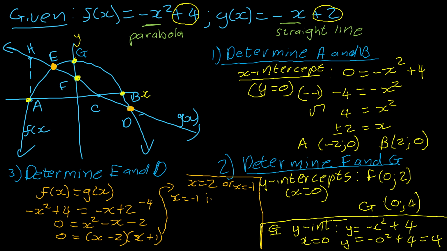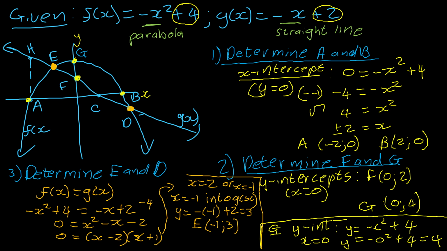So my y value is going to be equal to 1 minus 1 plus 2, which gives me 3. So my coordinate for E is going to be minus 1, 3.